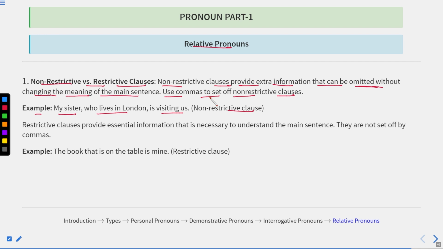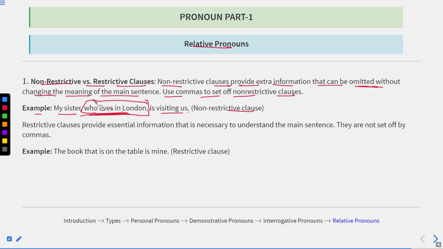Restrictive clauses provide essential information that is necessary to understand the main sentence. They are not set off by commas. The book that is on the table is mine. Now, if you see the difference between the two: my sister, who lives in London, is visiting us. This who lives in London, this phrase or additional information, is not important; it is just providing additional information, and even without it the sentence is correct and complete. Then it is known as a non-restrictive clause, and it is set off, meaning separated, by commas.